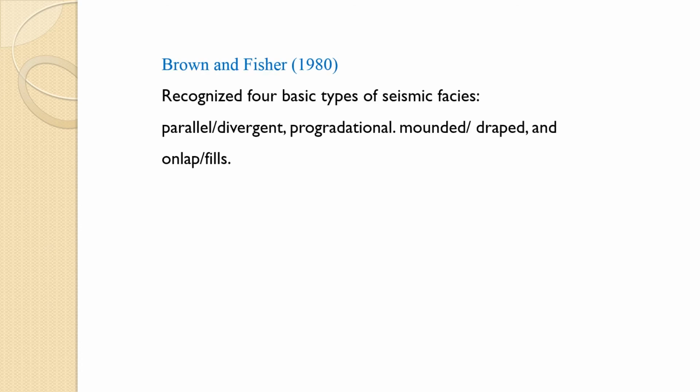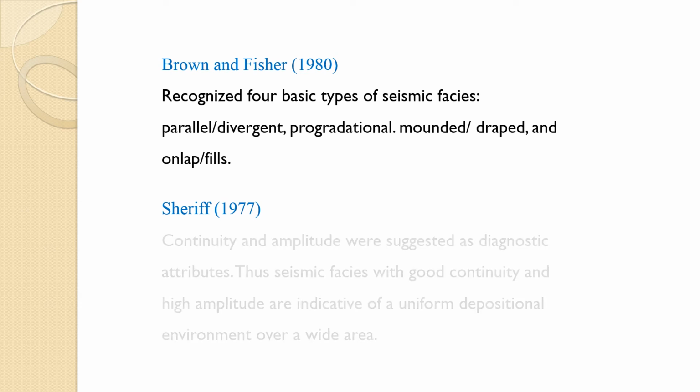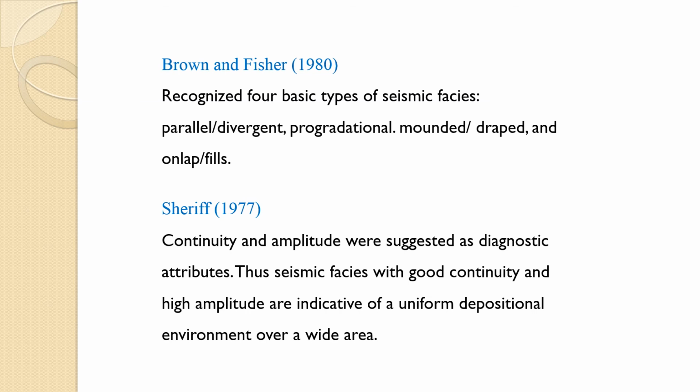The second classification was done by Brown and Fisher in 1980, and they recognized only 4 types of seismic facies: parallel, divergent, which is one, prograding, mounded, and onlap fills. Also, even before that, in 1977, Sheriff suggested continuity and amplitude as diagnostic attributes.